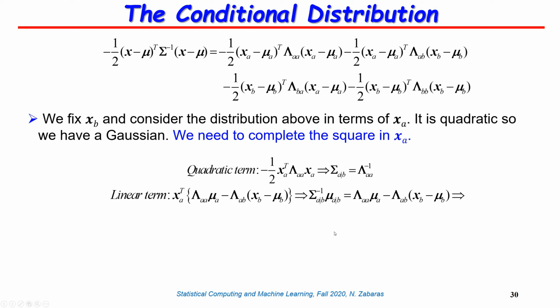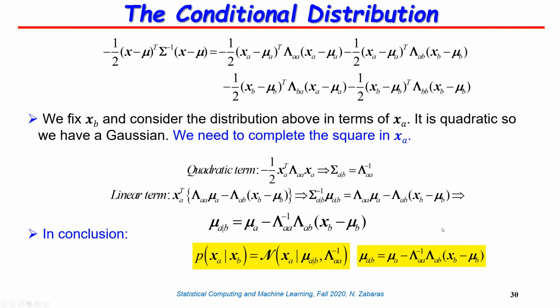So the mean comes to be, if I multiply with this particular sigma, which is lambda_AA inverse, this and this will cancel out, and then lambda_AA inverse lambda_AB gives you something like that.